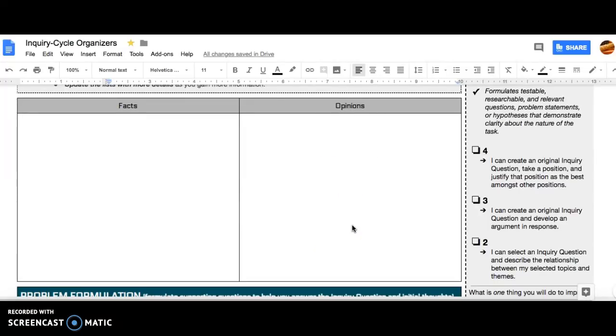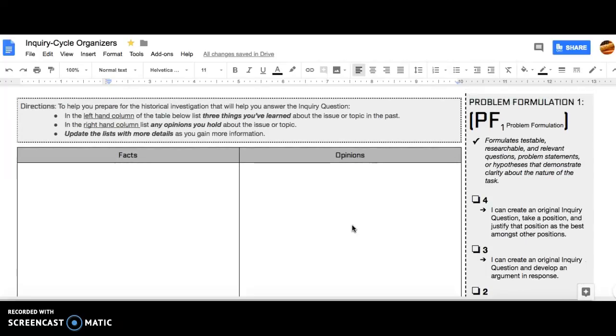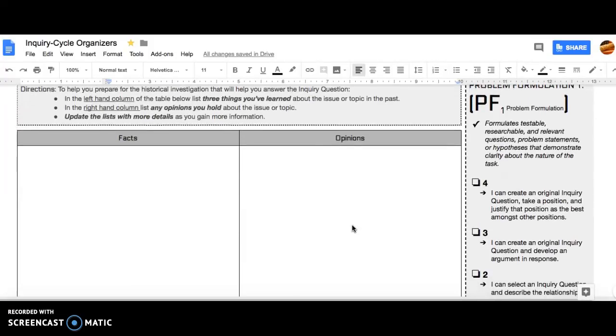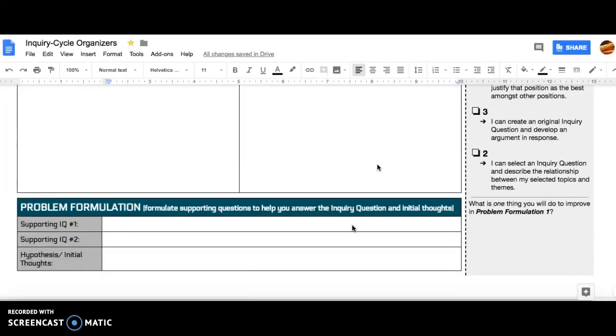Now, this is obviously important for you to think about what you already know, what opinions you have, so that later on you'll be able to think back and reflect on what you've learned as a result of your research.